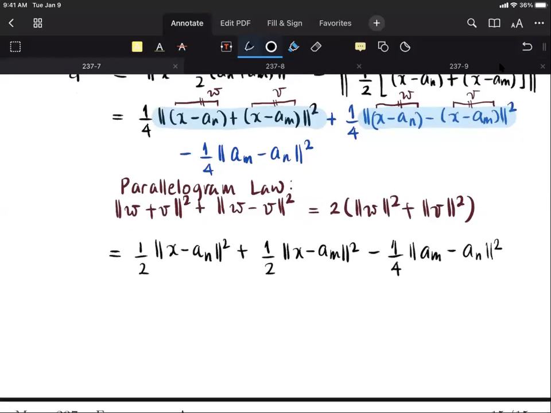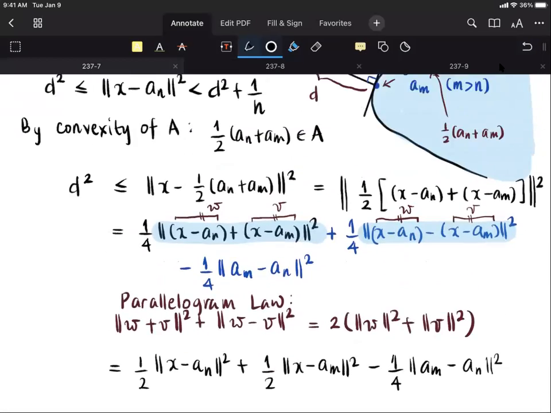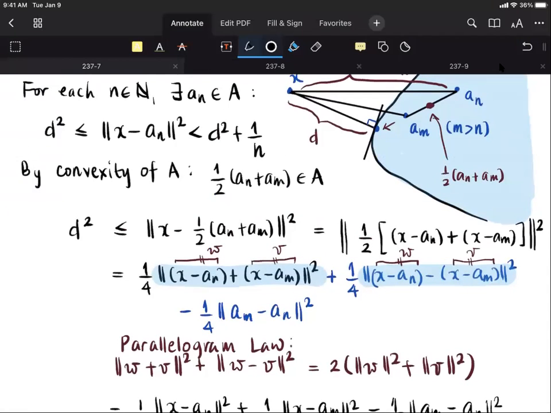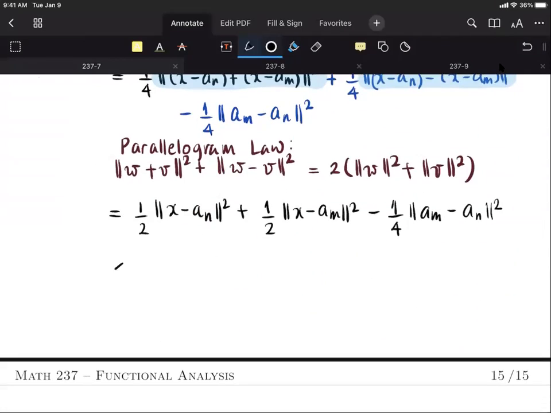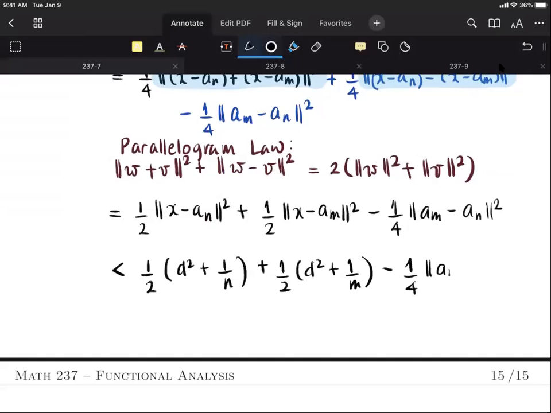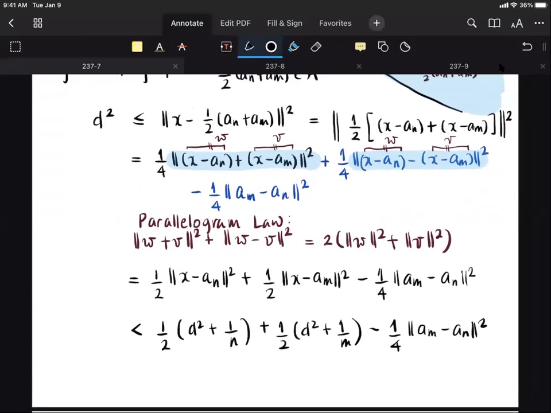And from this, we see that according to our construction of the sequence an, this can be estimated as follows. This is less than 1/2 d squared plus 1 over n plus 1/2 d squared plus 1 over m minus the last term. And from here, you can see that this d squared will be cancelled.